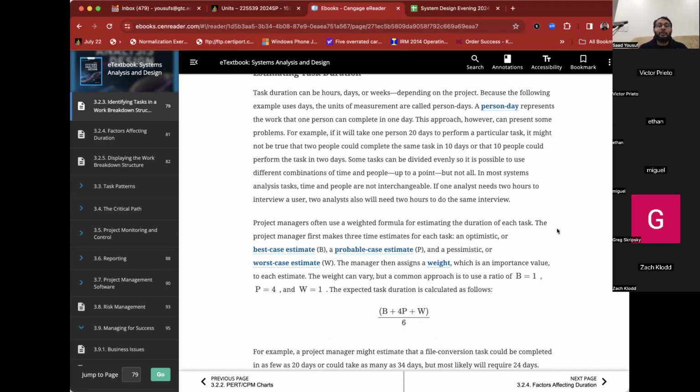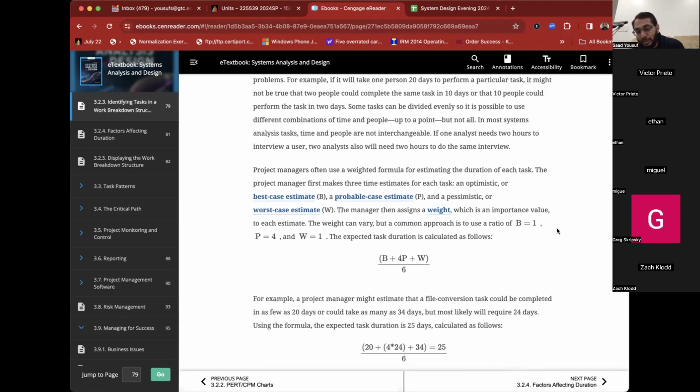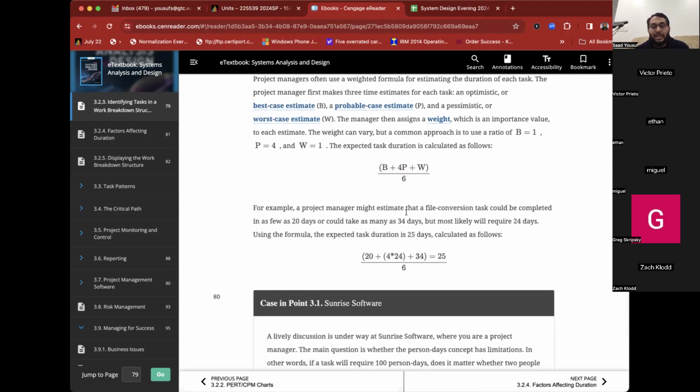And the probable scenario is given the weight of 4. Now, let's say the project manager says, okay, in the best case scenario, the project will be done in 20 days. In the worst case scenario, it will be done in 34 days. And in the most likely scenario, it will be done in 24. So now we plug these values into the formula, and we can estimate that the project should be done in 25 person days.